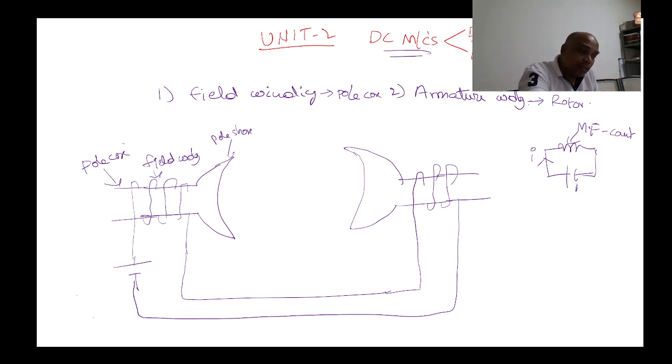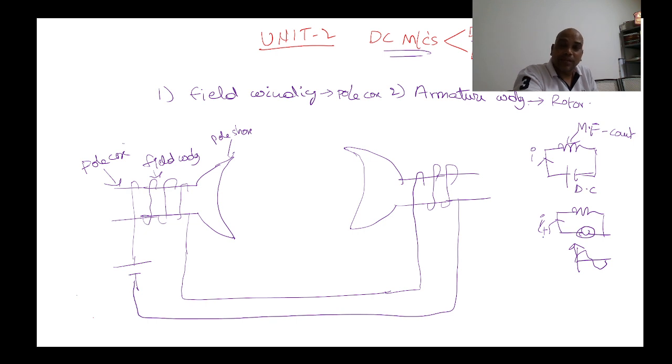DC means constant current. Suppose you apply AC supply to the coil. AC means it varies with respect to time. If you apply time varying voltage, the current passing through the coil is also time varying, i of t.